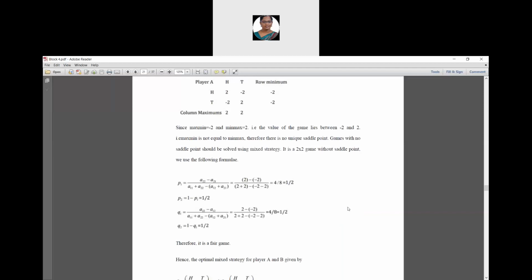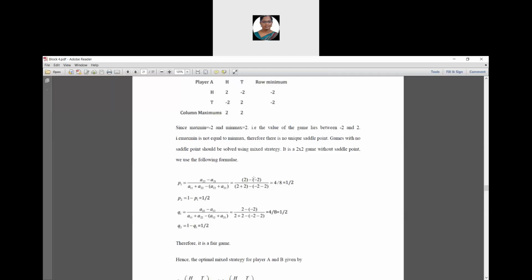As we know, it is a 2 by 2 game without saddle point, so we use the following formula: P1 is equal to (A22 minus A21) divided by (A11 plus A22 minus (A12 plus A21)). A22 is the second row second place, 2, and A21 is the second row first place, minus 2.